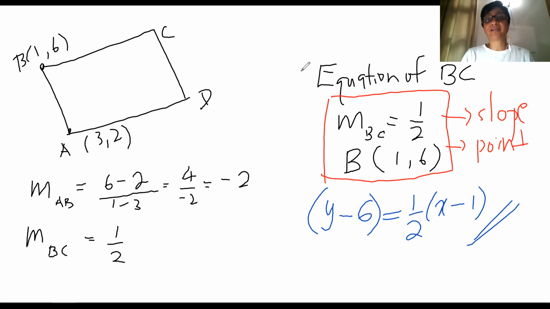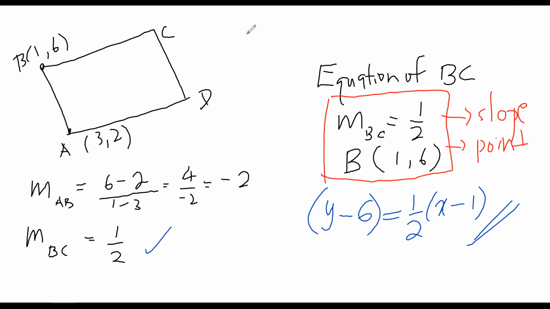Now I can predict how you did it. After you found that, this is how you should have done it. I don't have space, so I will do it in a little box here.